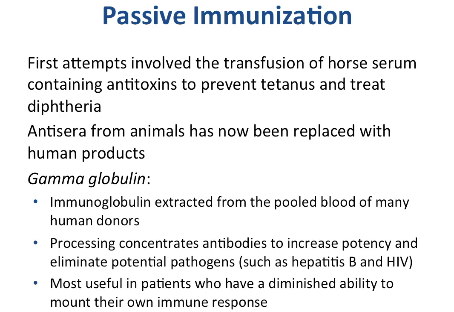Until now, we also might use the gamma globulin, which is extracted from the human blood. Gamma globulin actually can be used to treat hepatitis B and HIV.